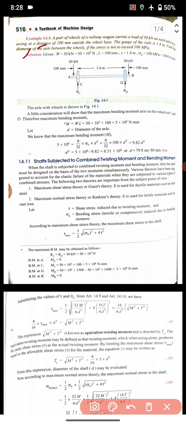Find the diameter of the axle between the wheels if the stress is not to exceed 100 MPa. So the bending stress value will not increase beyond 100 MPa.